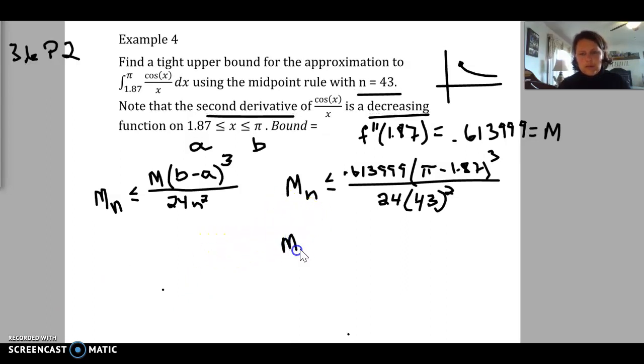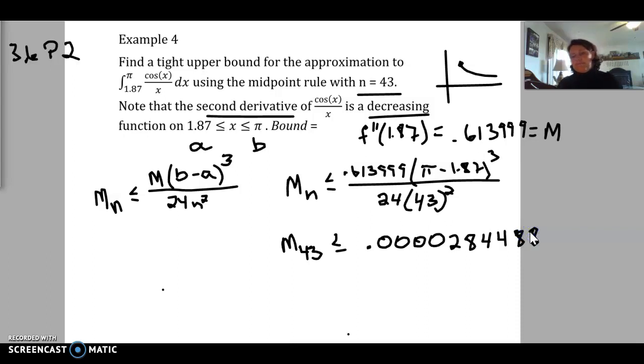So M of 43, when n is 43, our maximum error is going to be 0.0002844888. Okay, and then that is the answer that we need for example number 4.